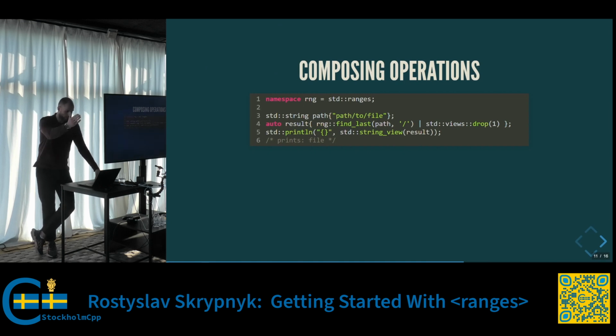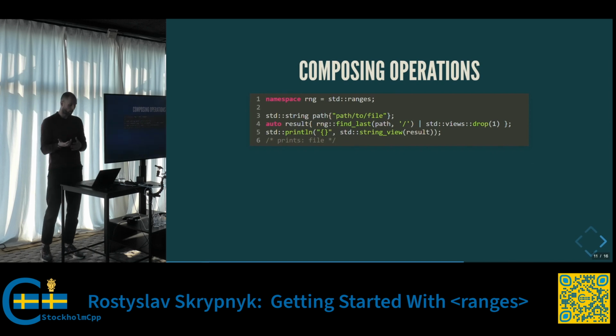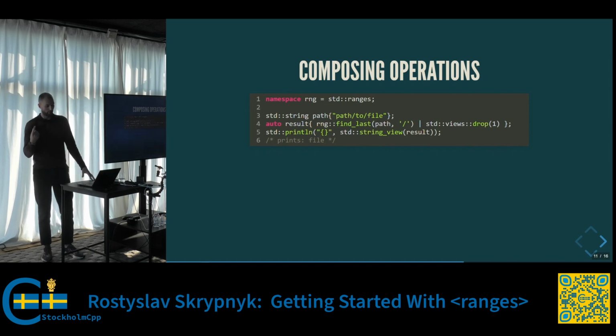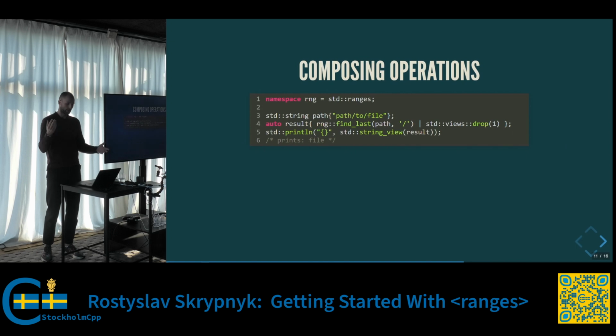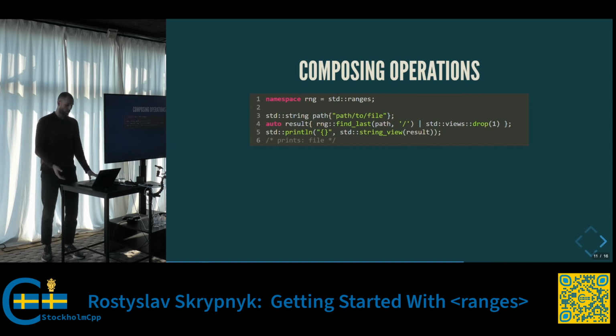So you can look for the last slash, and you can pipe it, just like in your shell, you can pipe this sub-range then into something called views::drop, and we say we drop 1. And what it gives us is that it drops 1 element from the front then. So what it prints is just this last part, file.